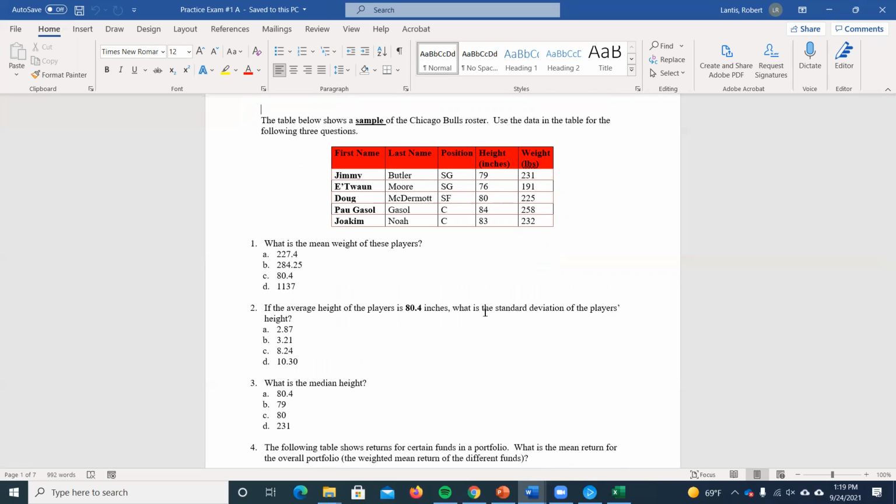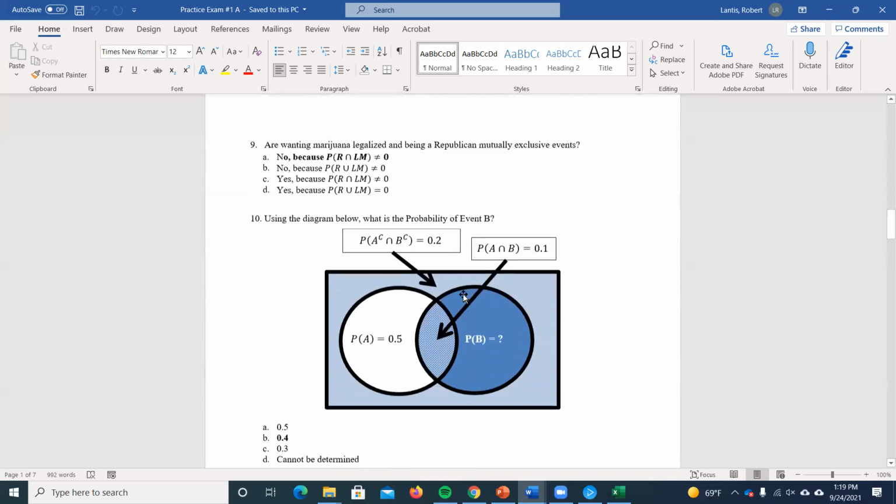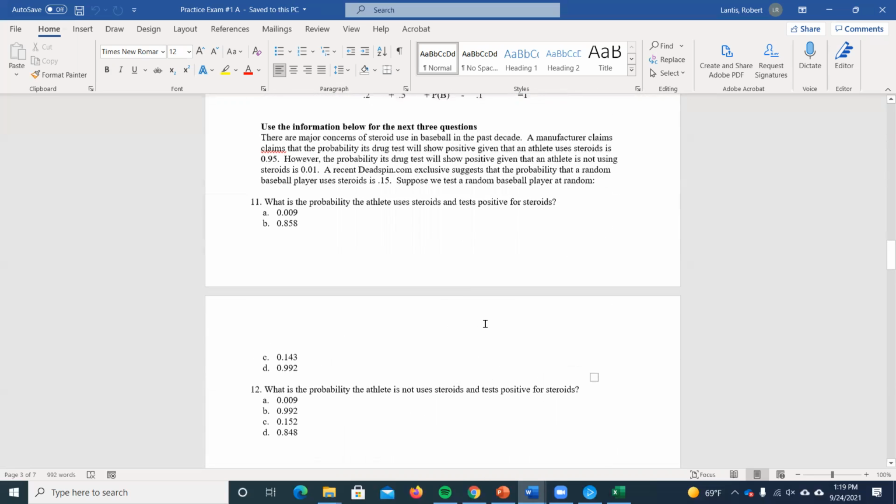Probability, like contingency tables, Bayes theorem, binomial distributions. You don't have a problem with any of it. Yeah. Okay. I think the Bayes ones, in my experience and personal opinion, are the most difficult.